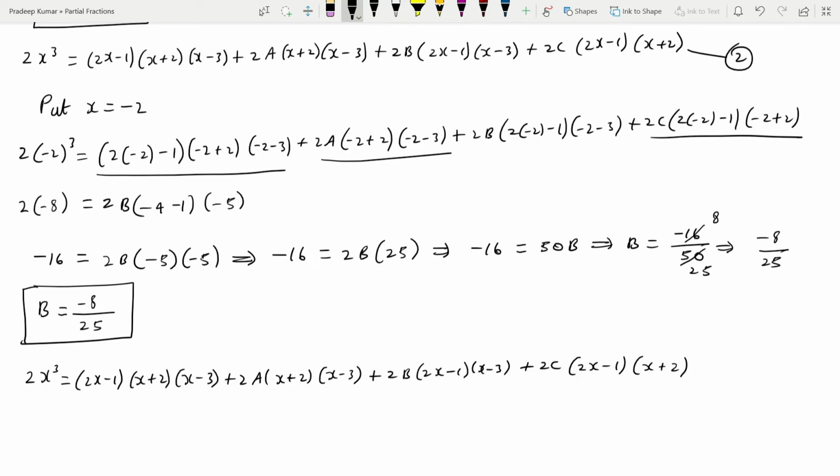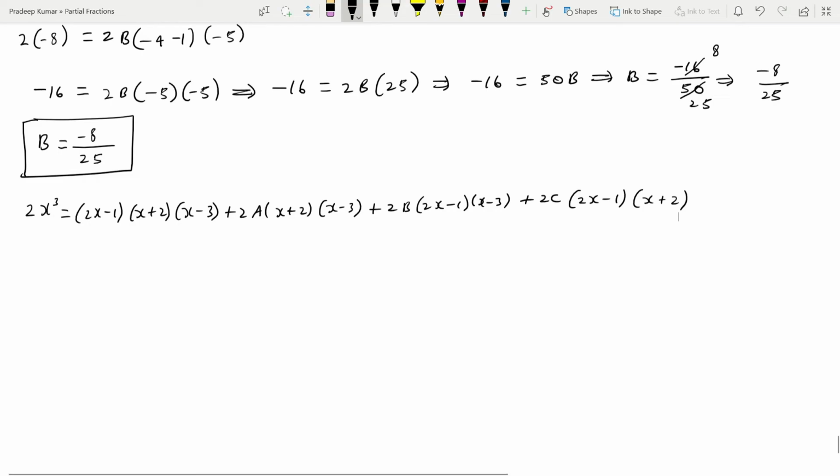So this is the second equation. Now we'll substitute x equal to 3 in this equation.